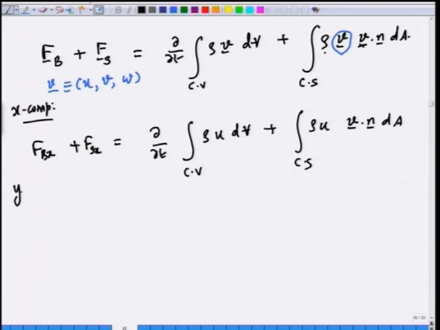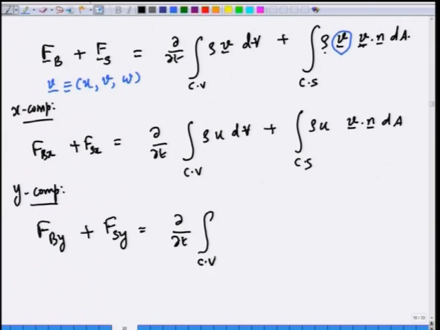Okay. So, similarly, the y component is Fby plus Fsy is d dt over CV of rho v dV plus integral over Cs of rho v (v dot n) dA.